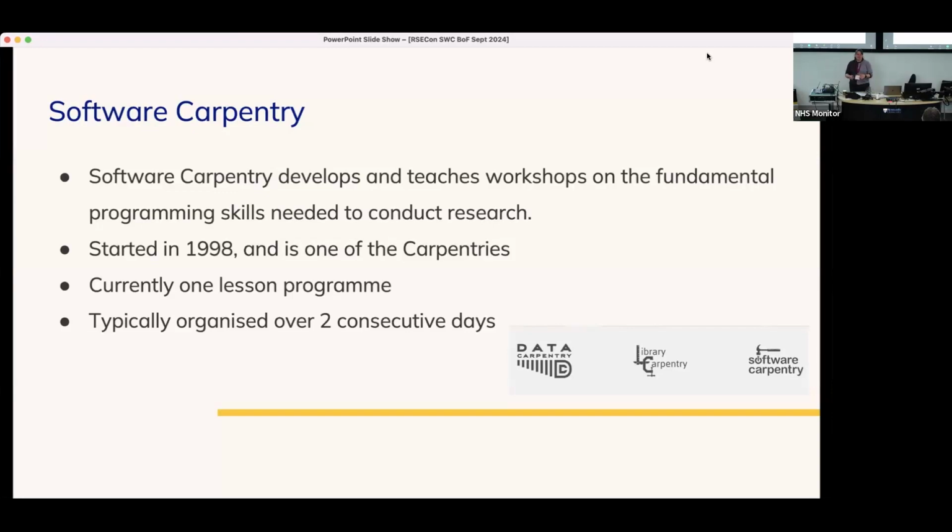So it's always Unix shell, it's always Git on day one, and they're both half days, and then you've got a full day of either Python, R, or the optional lessons like MATLAB or something else. Now you can mix and match them. You can split them over half days, different days, but generally it's a 2-day format. But it is just the one core program with a bunch of optional things in it.